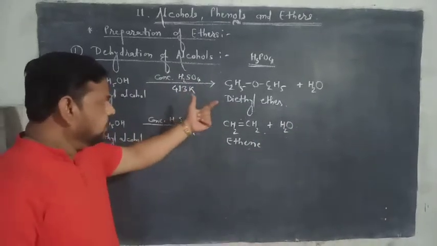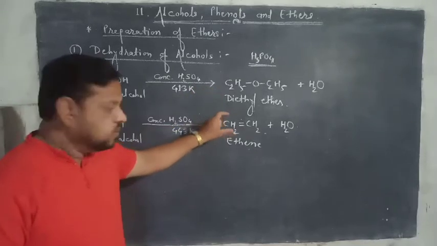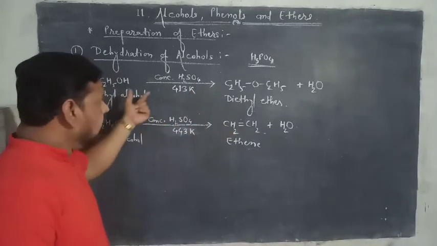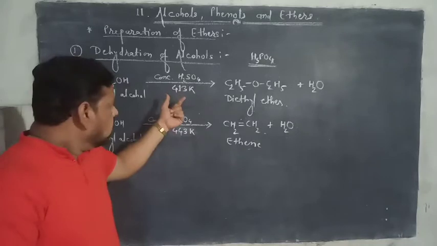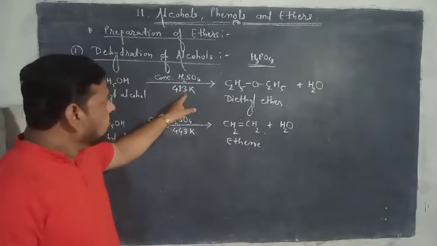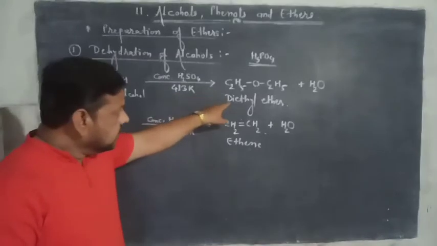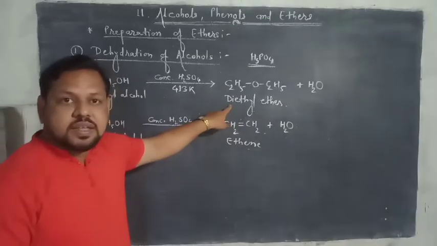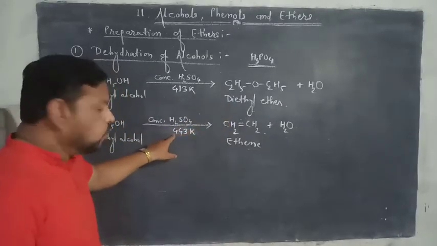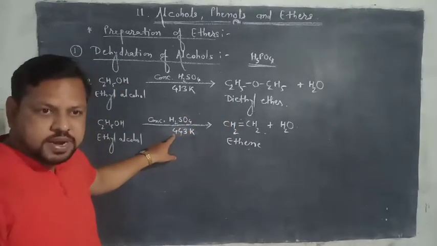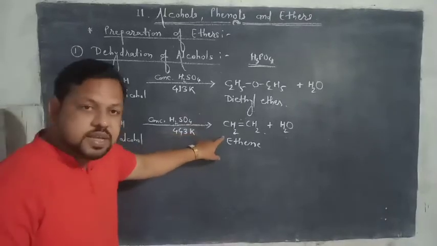See the basic difference in these two reactions. This ethyl alcohol at 413 Kelvin temperature gives diethyl ether, but at 443 Kelvin temperature, it gives ethene.